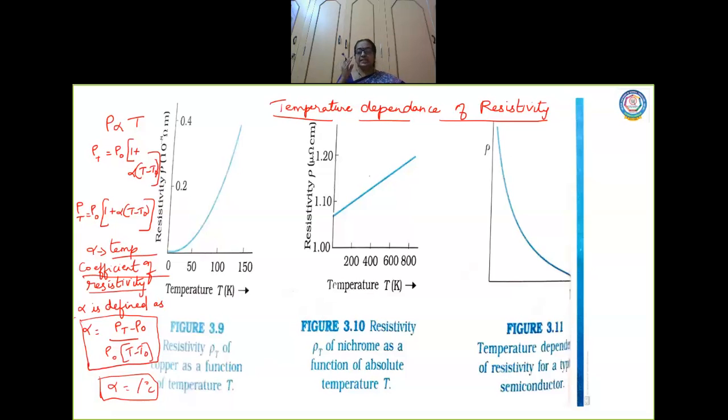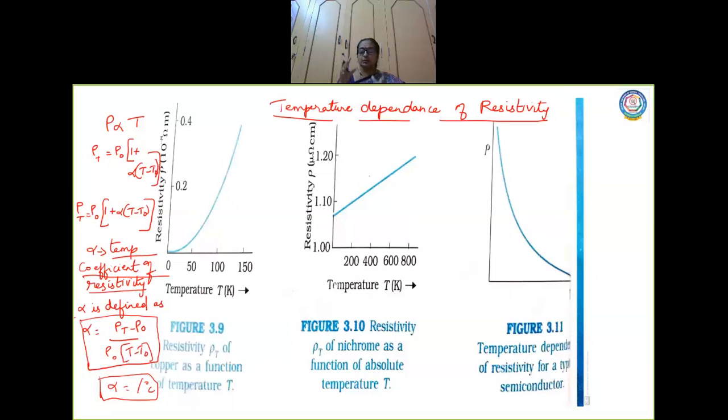Now, if you increase the temperature of a conductor, what happens to the kinetic energy of the electrons in the conductor? Because electrons are considered to be moving charges, when you increase the temperature, that will increase the average kinetic energy of the electrons there. Yes or no? So the average kinetic energy of electrons is increased.